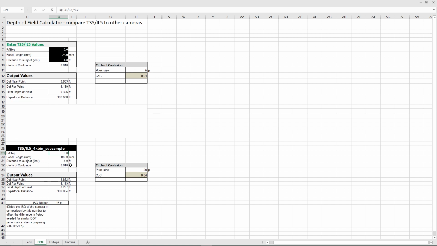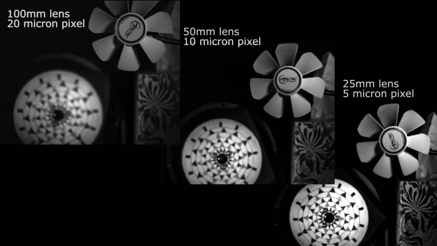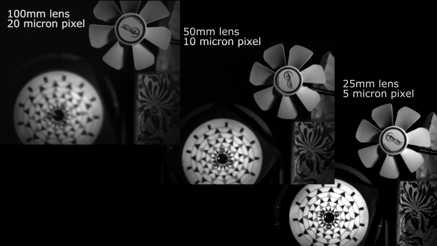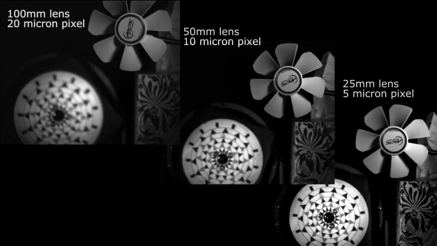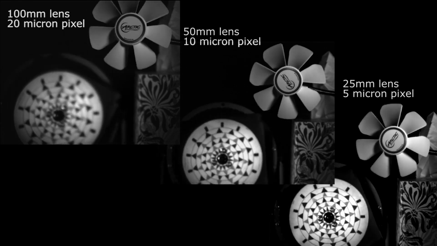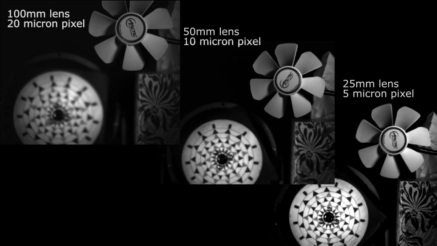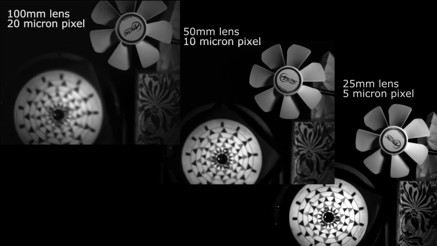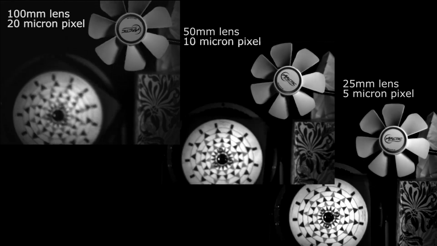It's going to take 16 times as much light, or this camera would have to be 16 times as sensitive in order to get the same depth of field at the same distance and the same exposure. Okay, so now if we go back to that original 3-image shot, we have a better understanding of what's going on between the upper left and the lower right. It's the difference between a 20 micron and a 5 micron pixel.